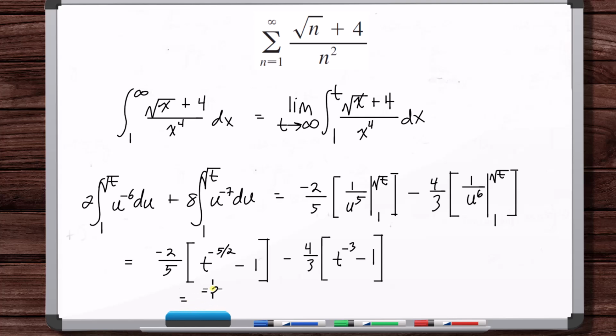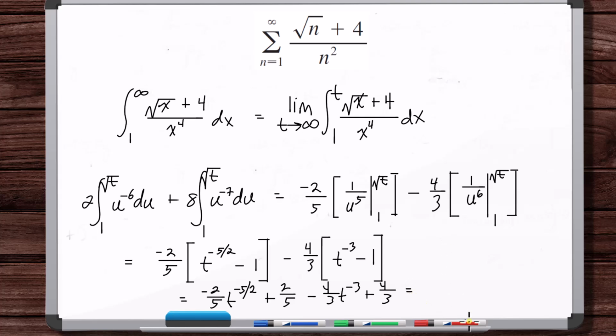So minus 2/5 t to the minus 5 halves plus 2/5 minus 4 thirds t to the minus 3 plus 4 thirds.